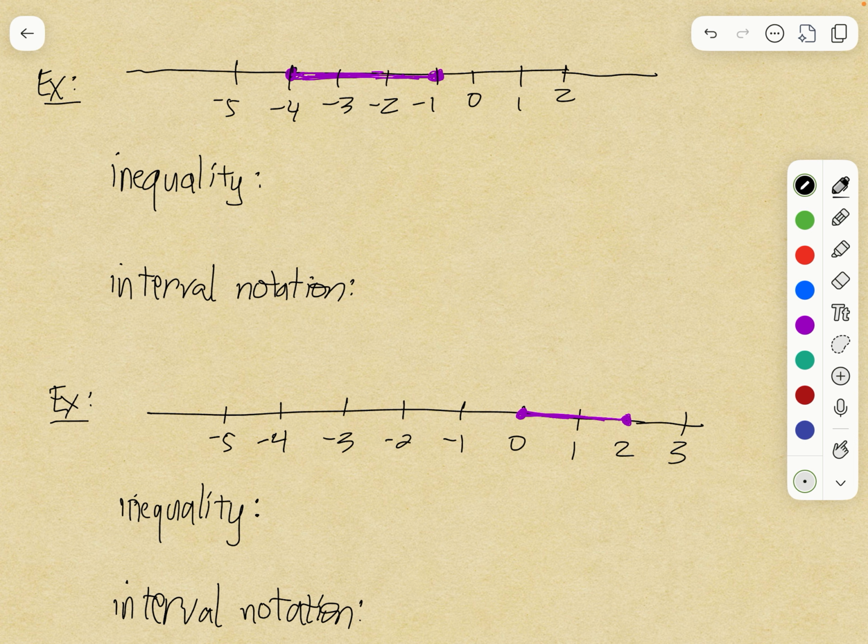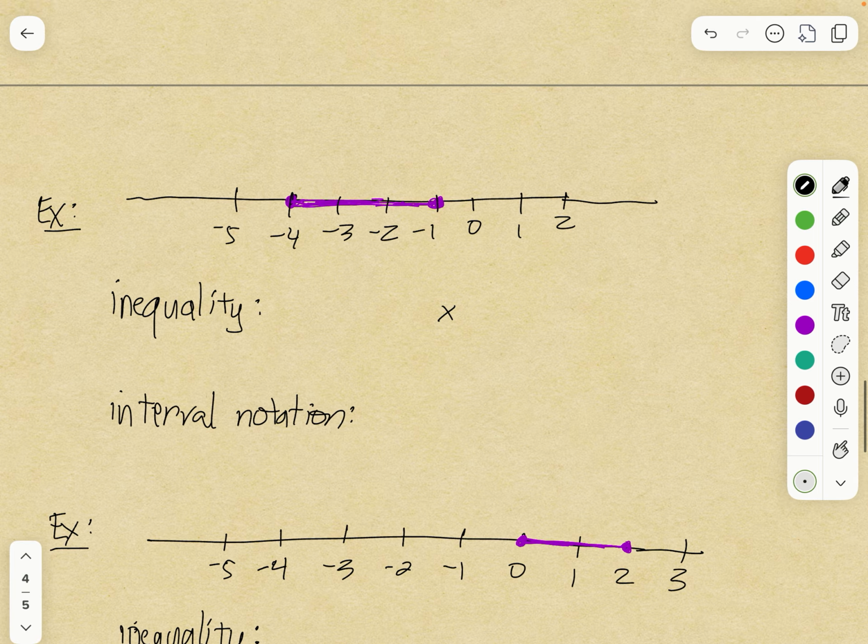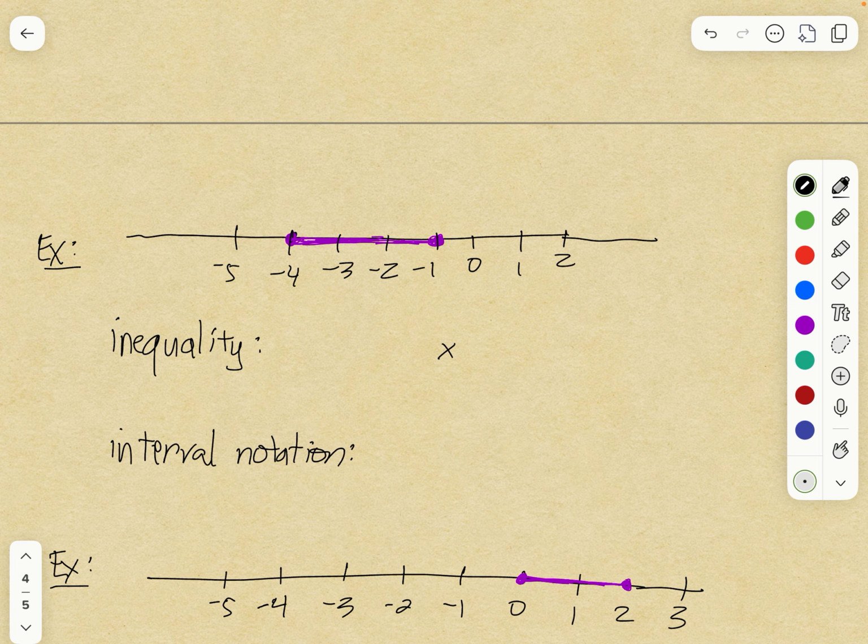Well, let's use x as our variable. So if x is in this interval, then x must be greater than or equal to -4, right? So it must be either -4 or to the right of -4.